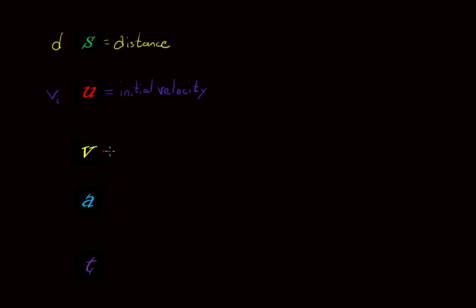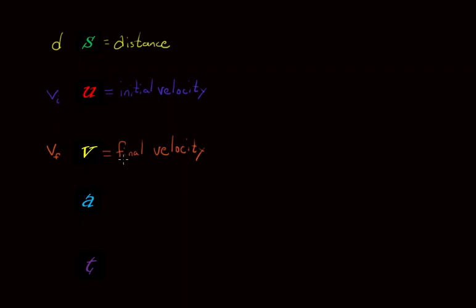V, or velocity, is final velocity. Something that other physics courses label V sub F. None of these are wrong. I'm just letting you know what standard IB uses and what standard other people use. And I kind of like the IB way because it makes things very easy to remember, as I'll show you when we get more into talking about the equations.